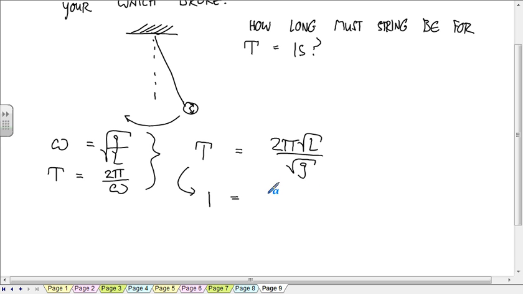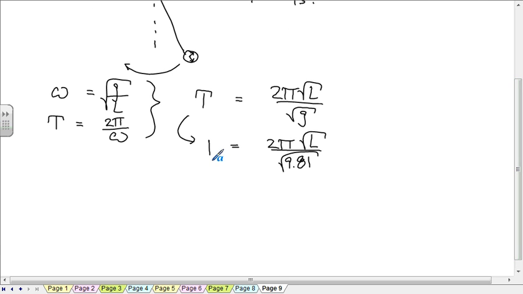We have 1 second is equal to 2 pi times the square root of L over the square root of 9.81. Now you can square both sides, and you get 1 is equal to 4 pi squared times L over 9.81.